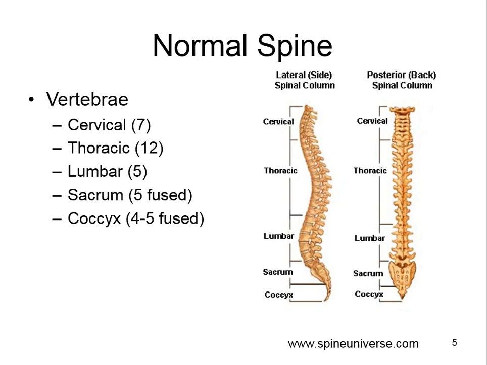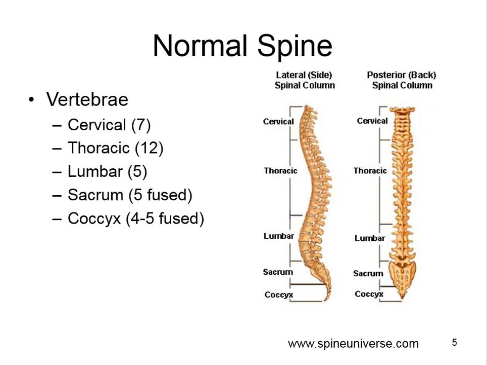Now, we are born with a kyphotic spine, with a primary curve in the upper spine. As we grow, we develop secondary curves. As infants, we develop a lordotic curve in the cervical spine to hold our heads up, and as toddlers, we develop a lordotic curve in the lumbar spine to walk. So we have 7 cervical vertebrae, 12 thoracic, 5 lumbar, 5 fused sacral vertebrae, and the coccyx, which is 4 to 5 fused.